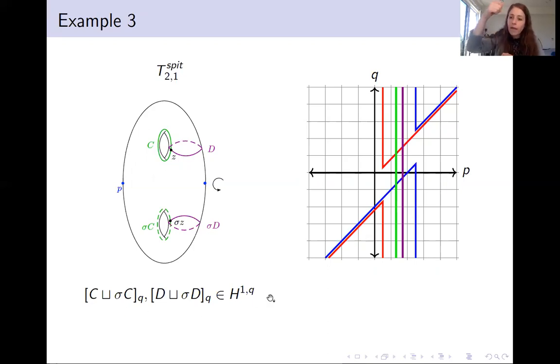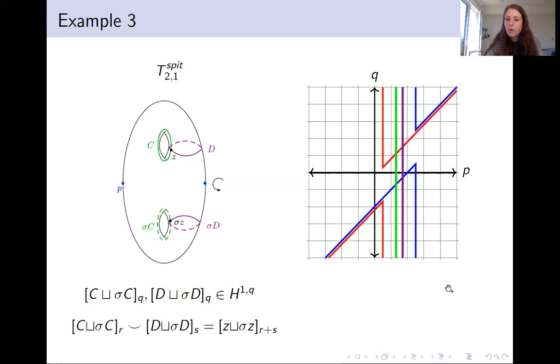So I get an infinite family of classes, all connected by some action of tau. The fundamental class for C will generate one of these A zeros, and then the fundamental class for D and sigma D will generate the other. And these also have a nice intersection product that leads to some interesting product structures in the cohomology of these surfaces.